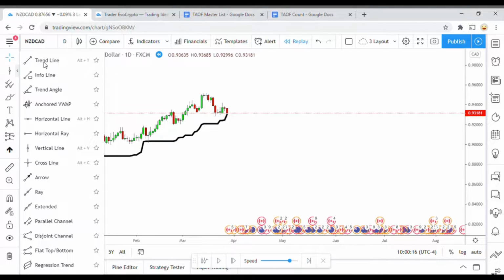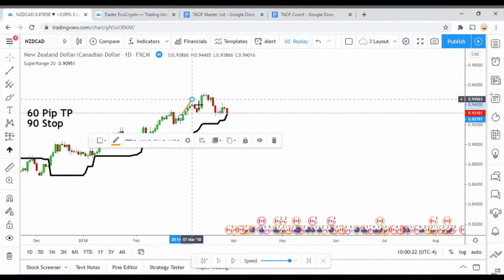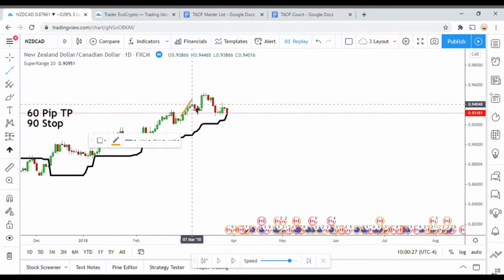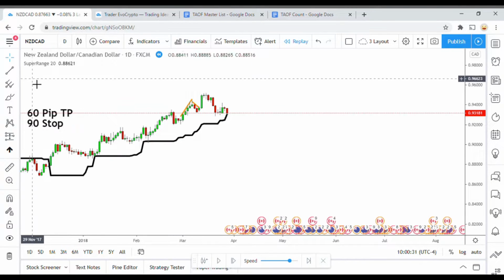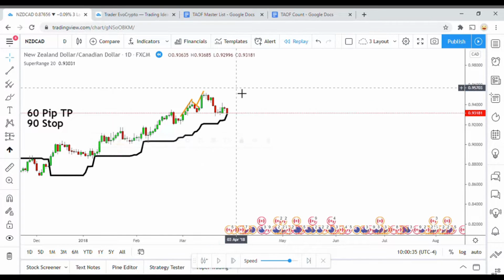Let's see if I can mark this out here. So you have a shoulder right here, like this. Then you have the head here.